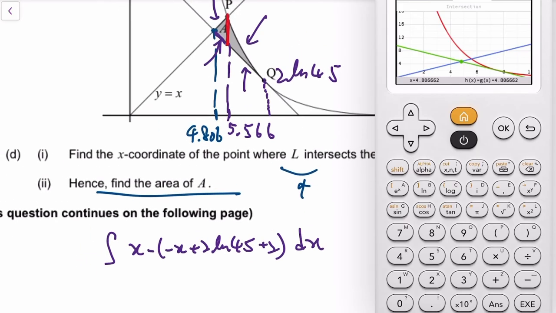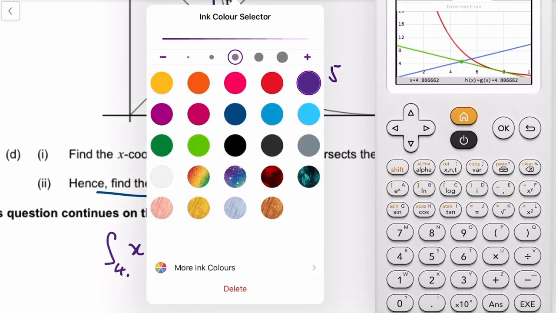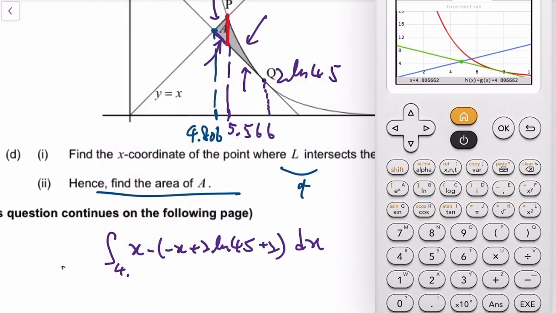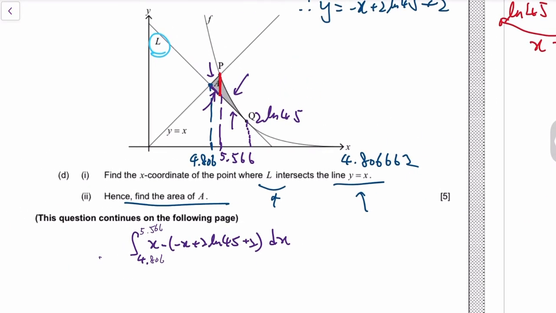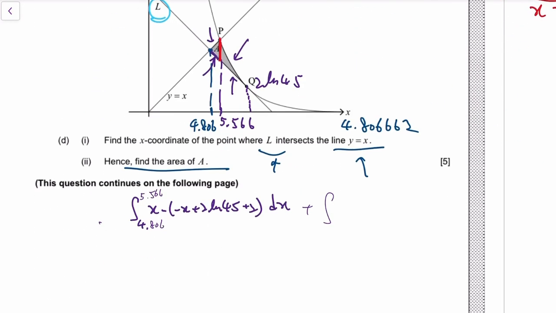So for that part, it will be between 4.806 to 5.566, while for the right of the region, the upper curve is f. f is what? 90 e to the negative 0.5x minus ln 45 plus 2.